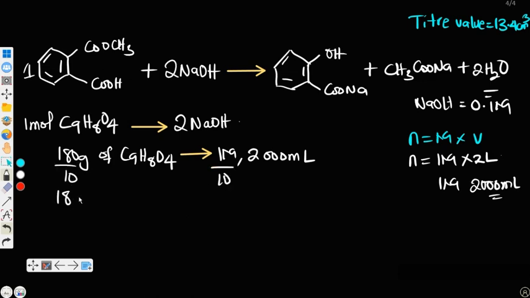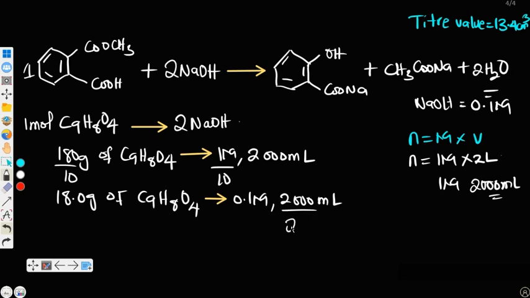And this will give us 18.0 gram of C9H8O4 reacting to give us this divided by this, 0.1 molar, then 2000 milliliter. Right? So divide both sides by 2000 to get 1 milliliter, because we are looking for the milli equivalent. So you guys should do that for me and tell me the value you get.